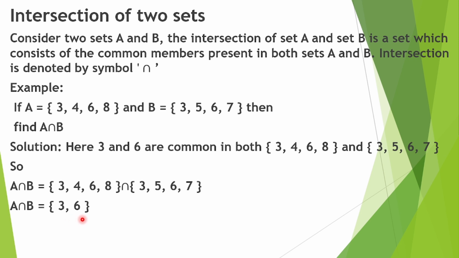So 3 and 6 are the two elements which are present in both sets A and B, and {3, 6} is the intersection of A and B by definition, as we read over here. So this is the definition of A intersection B: an intersection set is a set in which we write the common elements of two sets.